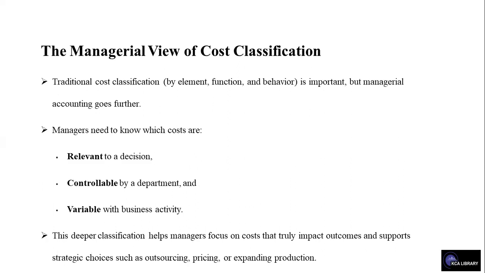Let's look at the managerial view as it pertains to cost classification. The traditional cost classification, which is by element, by function, and behavior, is important, but the managerial aspect goes further. Managers need to know which costs are, one, relevant to a decision, two, controllable by department, and three, variable with business activities.